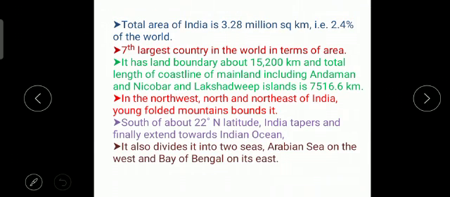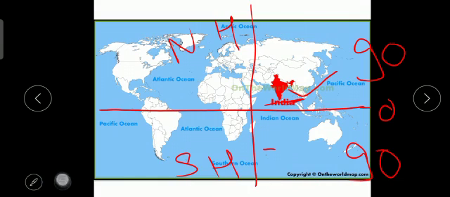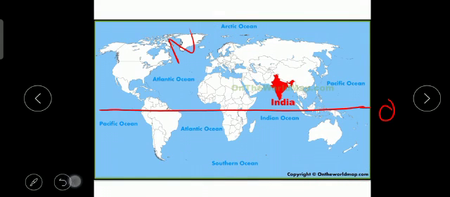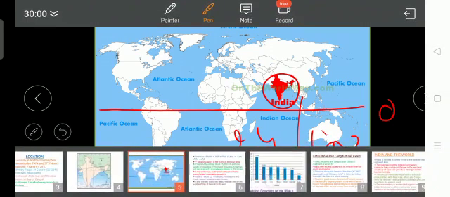The total area of India is about 3.28 million square kilometers, that is 2.4% of the world. India occupies an area of 2.4% out of 100% of the world. And India is the 7th largest country in the world.